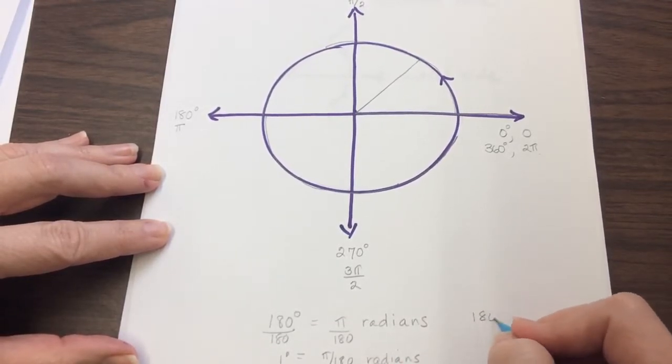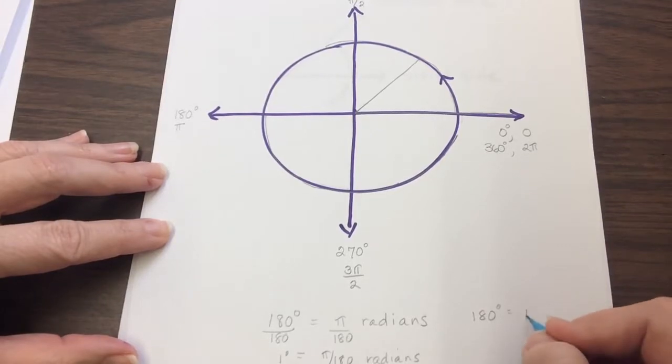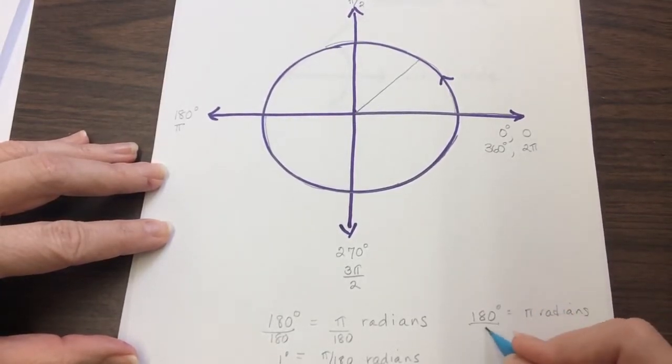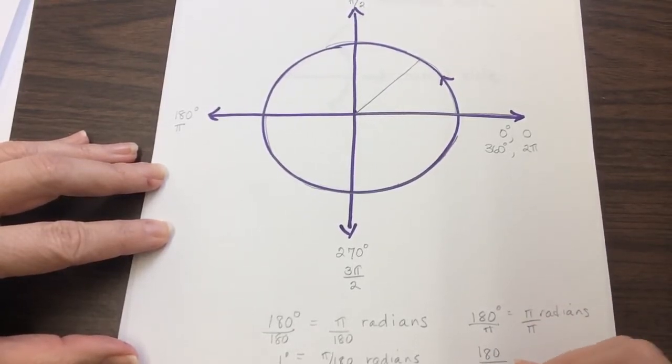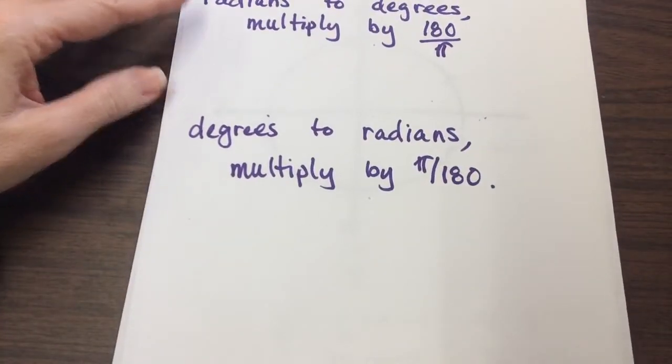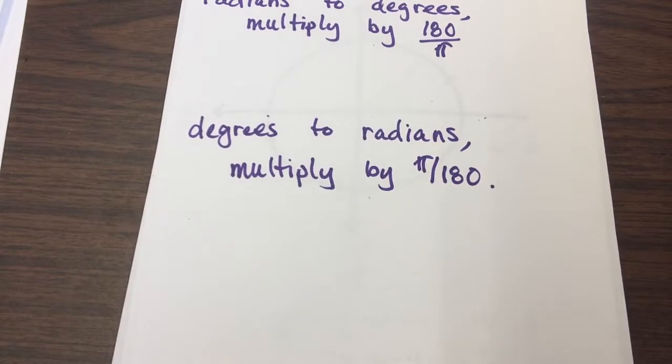Or, if I did the same thing but divided both sides by pi, then I know that 180 over pi is 1 radian. Simply put, to convert from radians to degrees, you multiply by 180 over pi. To convert from degrees to radians, you multiply by pi over 180.